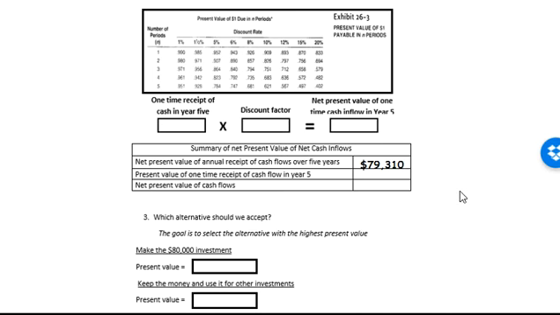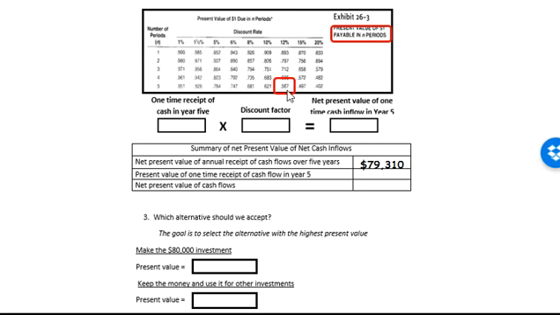Okay, we're now going to look at a table, and the table is called the present value of $1. In other words, it's saying, what is the present value of $1, or in effect, one payment in the future, given a certain interest rate and given the number of periods. And in this case, we're going to use a 12% discount rate over 5 periods.